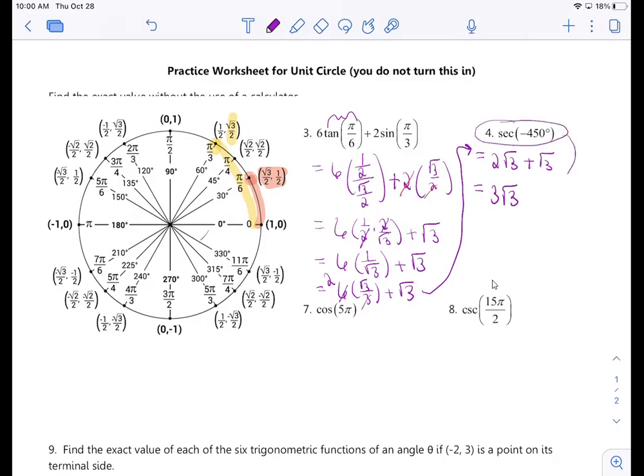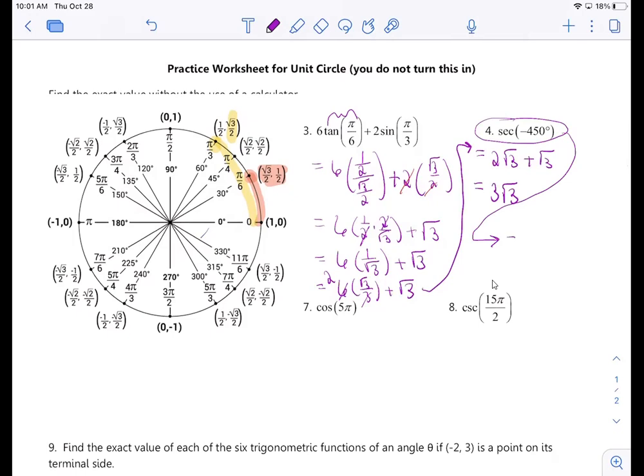I'm just going to move this down here. Okay, now I want to go secant of negative 450 degrees. So let's go ahead and get rid of this stuff. All right, so I have to go negative, so that means I'm going to go clockwise. I always start here. If I go around this circle once, that's 360.